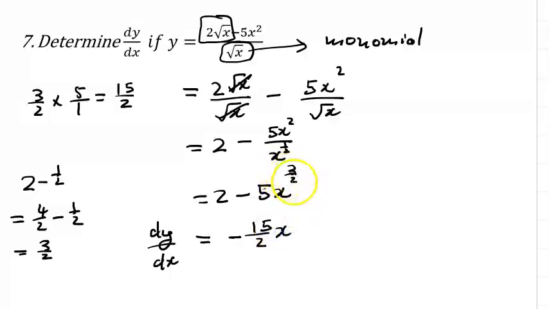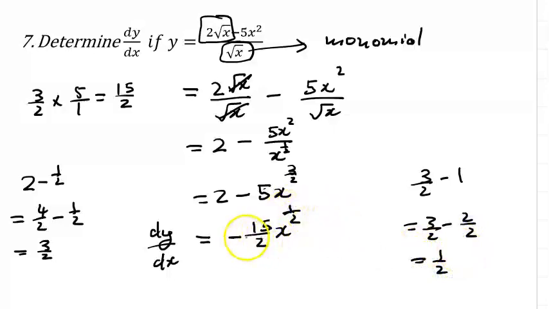There we got 3 over 2, so that'll be subtract 1. 3 over 2 minus 1 is equal to 3 over 2 minus 2 over 2, which is equal to half. So that will leave us with half. Okay, and that is our solution. Minus 15 over 2 x to the half.